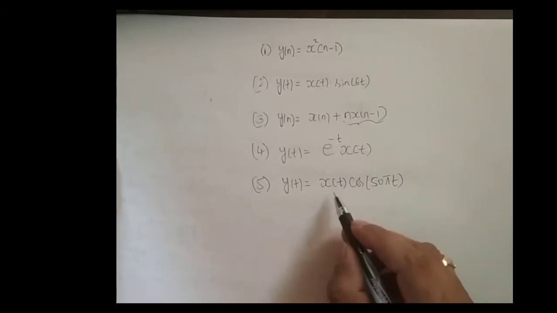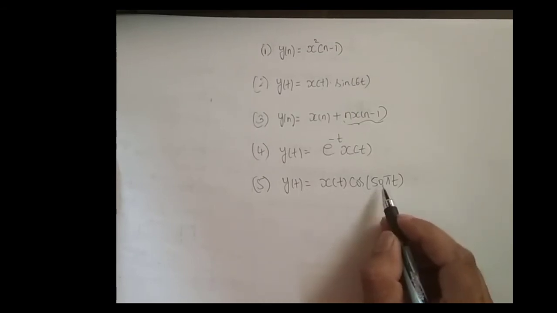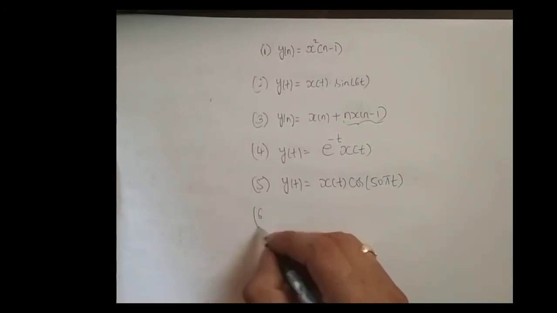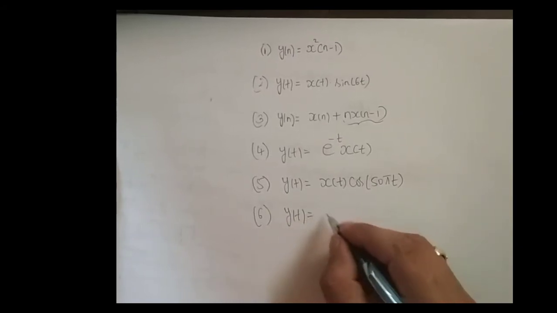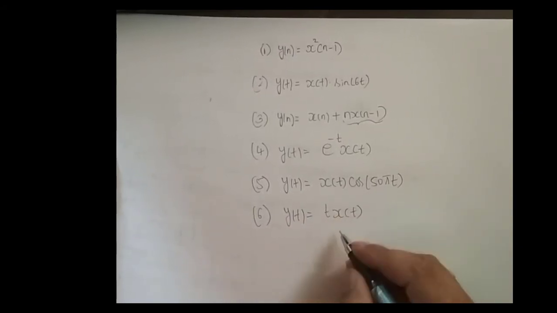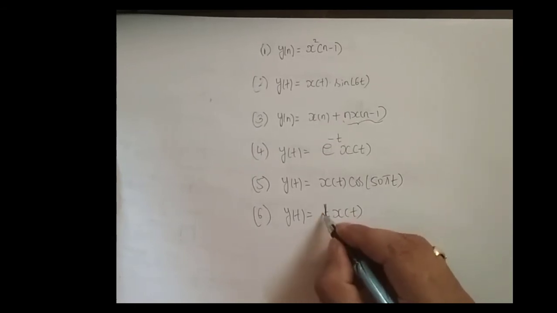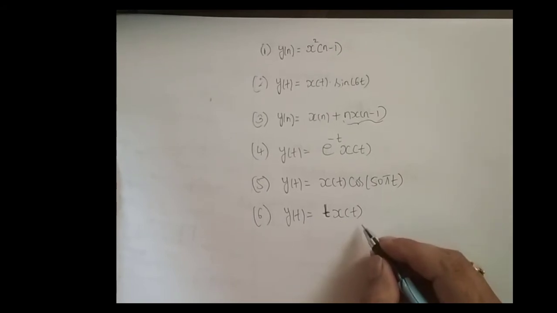Here for the input signal x of t, cos 50 pi t is getting multiplied. One more signal, y of t is equal to t times x of t. For the input signal x of t, unit ramp function t is getting multiplied.